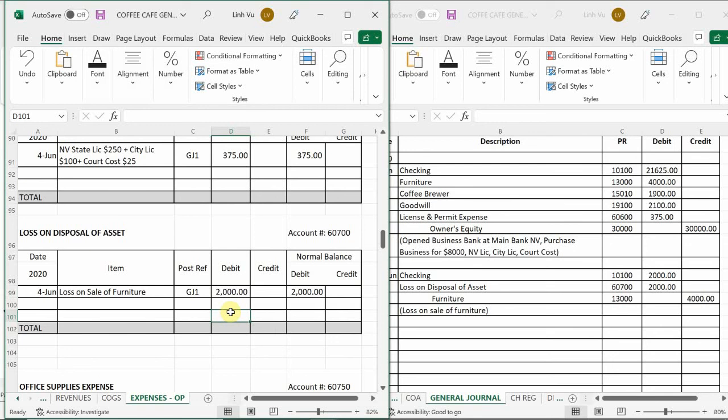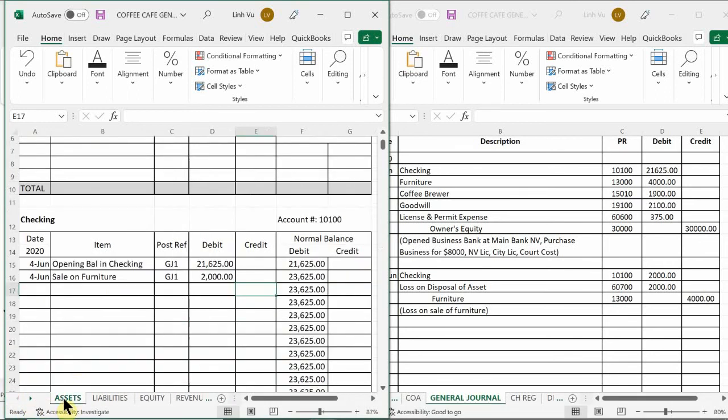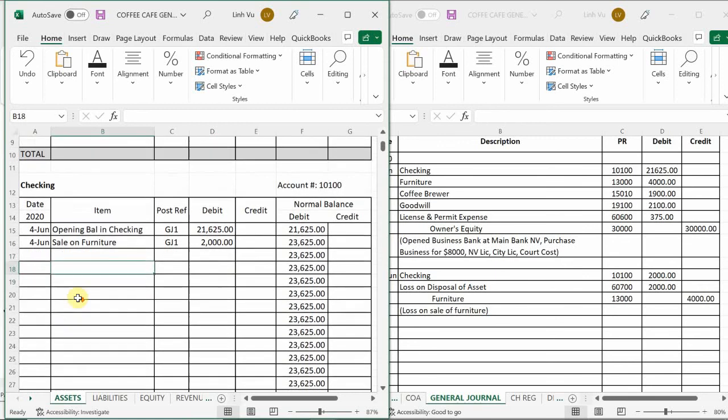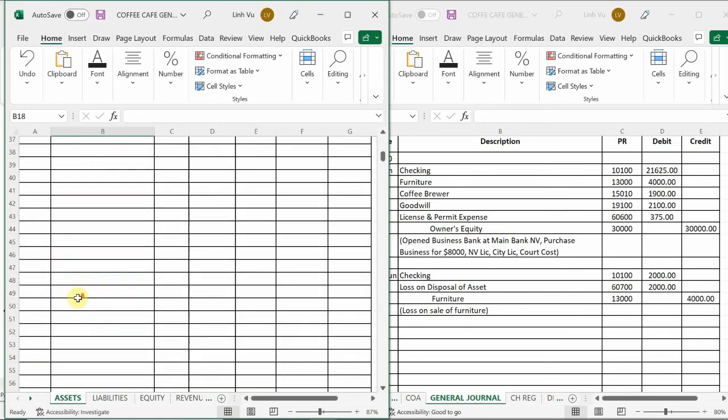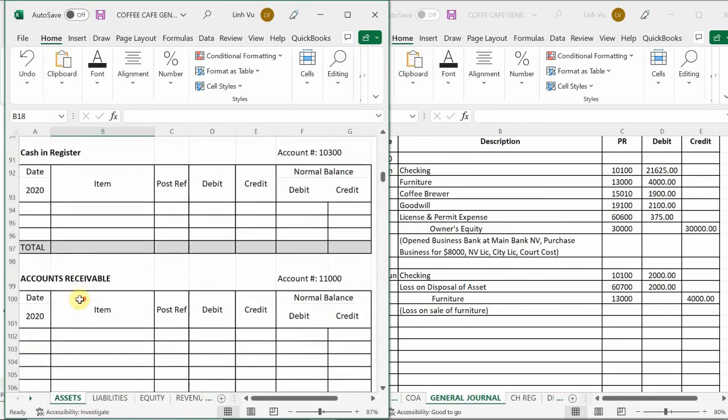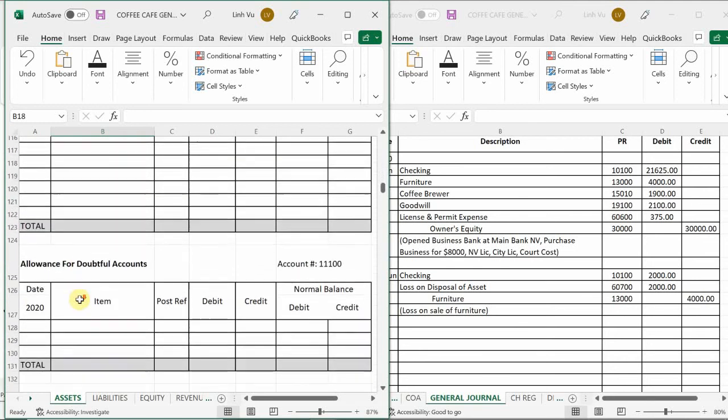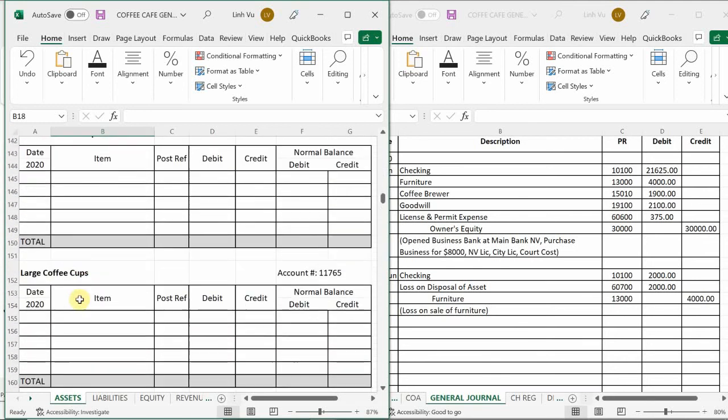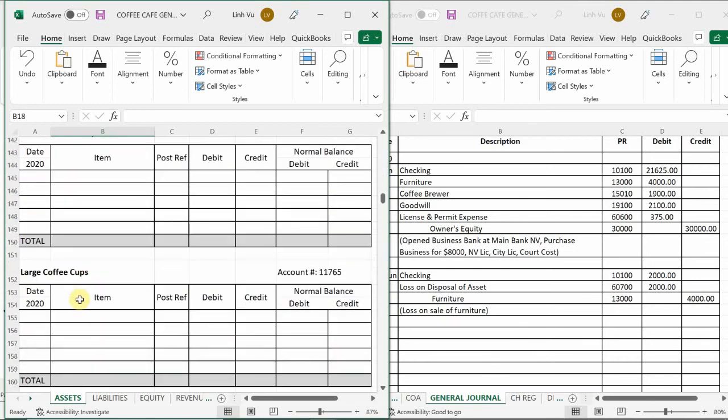So then now I need to figure out my last one, which is my furniture. So I'm going to go to my assets. I'm going to scroll down until I find my furniture. If you're using Excel, there are quicker ways that you can find your accounts.